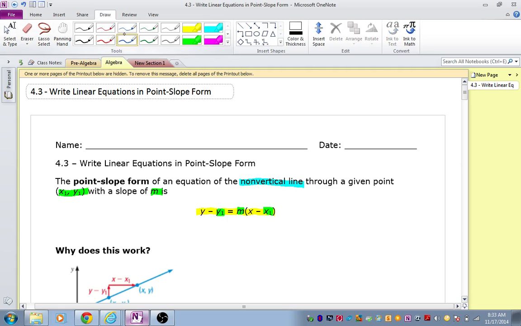So just making up a random example of something in point-slope form, we might see something like y minus 3 equals 5 times x minus 2. Okay, so there's not going to be all these variables here, but we will have that y and that x with an ordered pair put in and that slope.